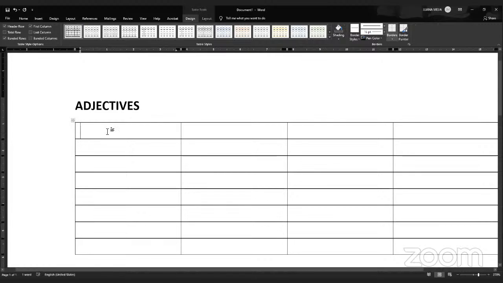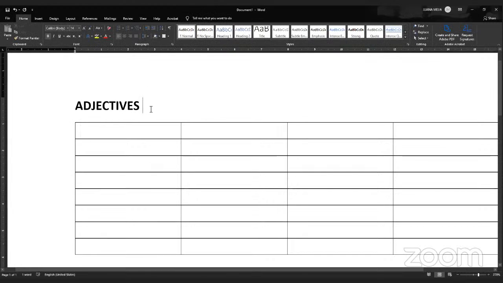In the previous module, you learned how to recognize a noun from an adjective, and an adjective from a noun. What is an adjective? An adjective is a word that gives us more information about a noun.